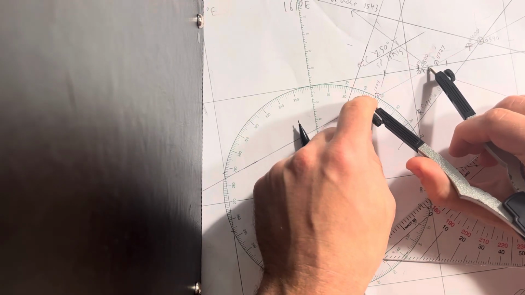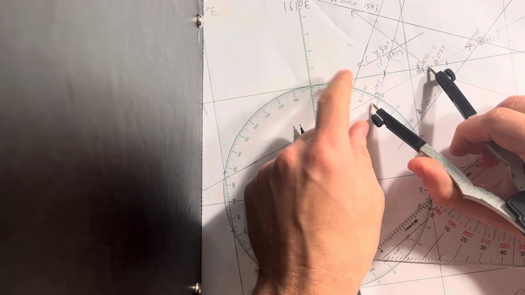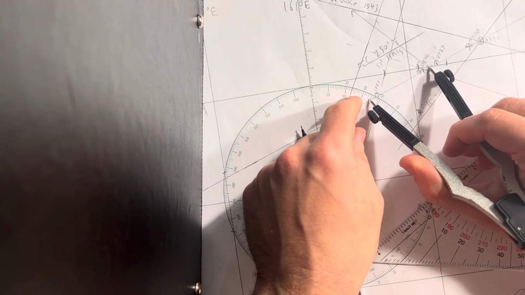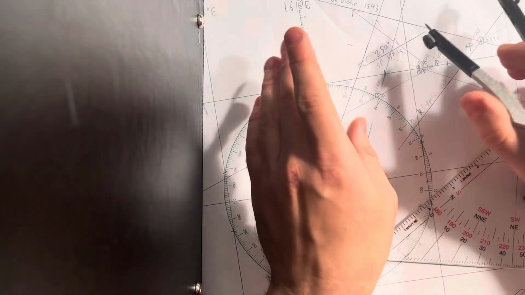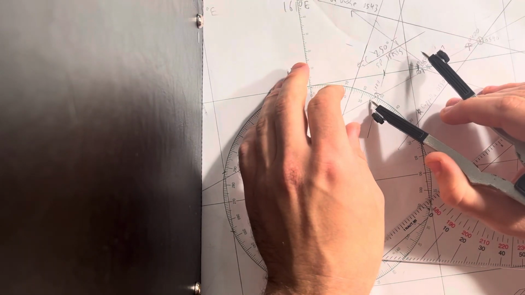It would put us like over here, meaning that this shot here would actually be perfectly reasonable. I mean, it would throw off the shot a little bit too, because our assumed longitude would be different.